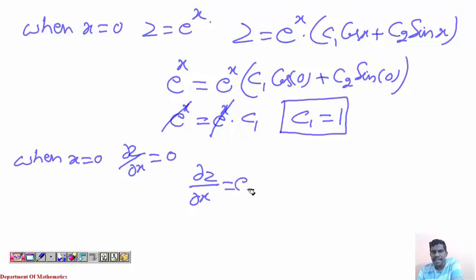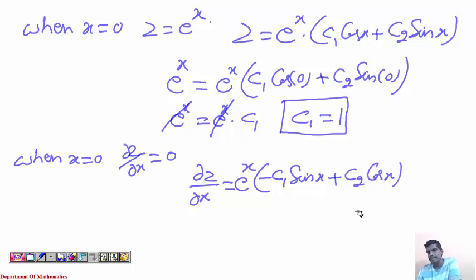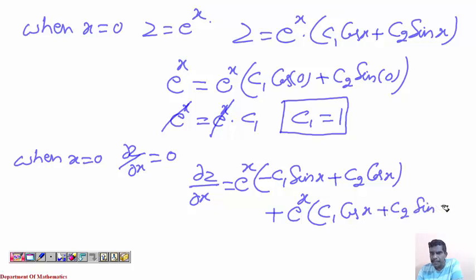The first function e to the power of x into the differentiation of the second function: the differentiation of cos x is minus sin x, so minus c1 into sin x, plus c2 into the differentiation of sin x, which is cos x. Plus the differentiation of the first function, e to the power of x, into the second function, c1 into cos x plus c2 into sin x.